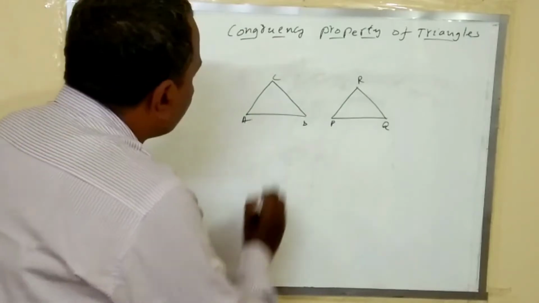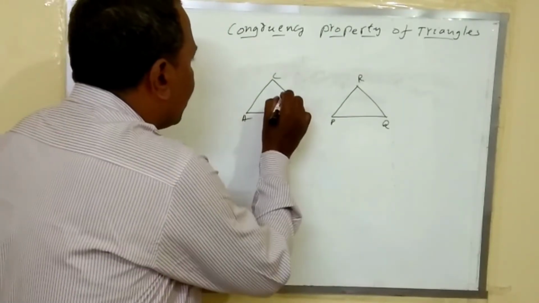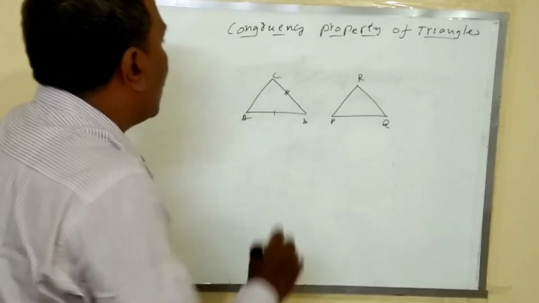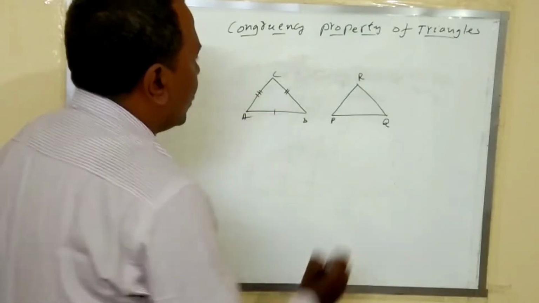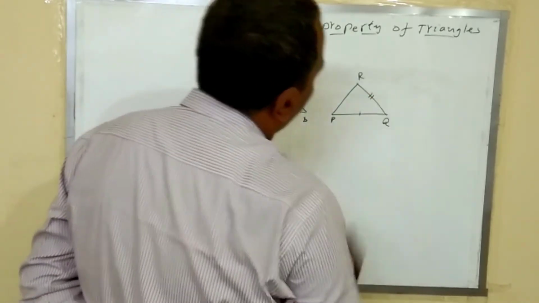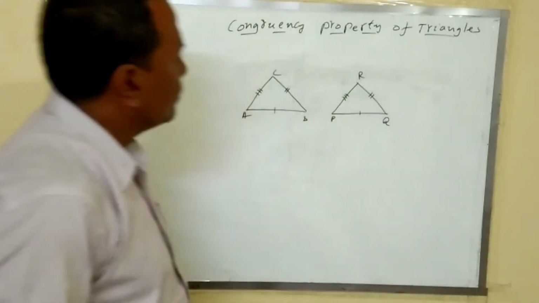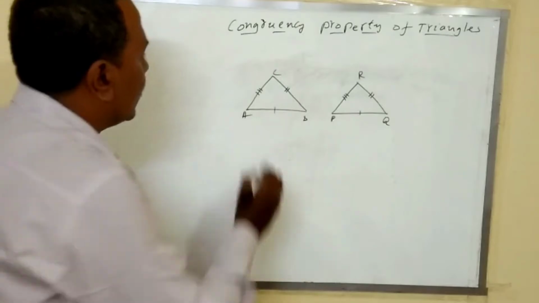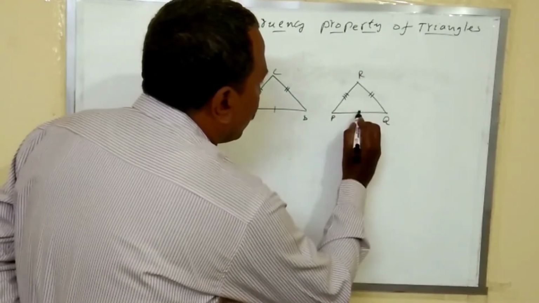Suppose I keep a single bar for AB, a double bar for BC, and a triple bar for AC. Here also I am keeping a single bar for PQ, a double bar for QR, and a triple bar for PR. What does it mean? Here AB possesses a single bar, PQ possesses a single bar.